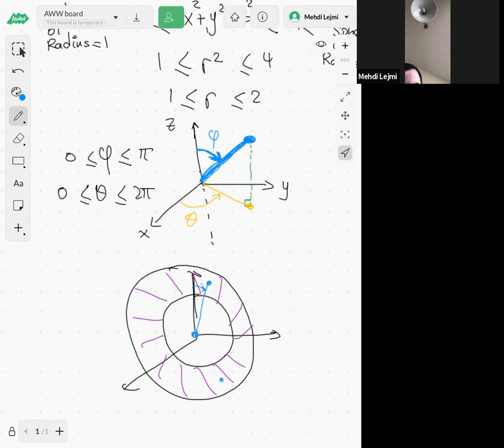If you have a point here in the bottom, then here's my phi, right? So you see phi goes from 0 to pi here. This is 0, and this is pi. And if you have a point on the other side, a point right here, then phi is again the angle between the z-axis and your point. So here's my phi in this case, and it's less than pi, right? So it's always between your point and the positive side of your z-axis. So by definition, your phi should be between 0 and pi.